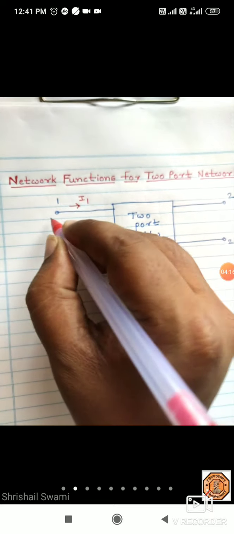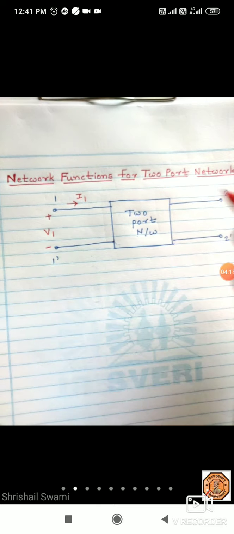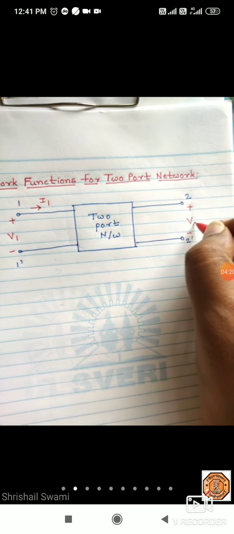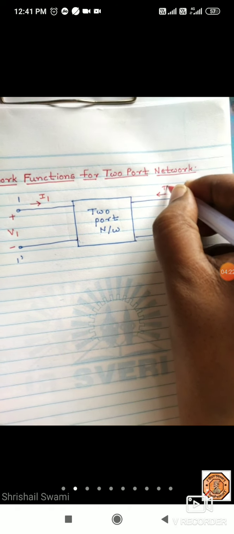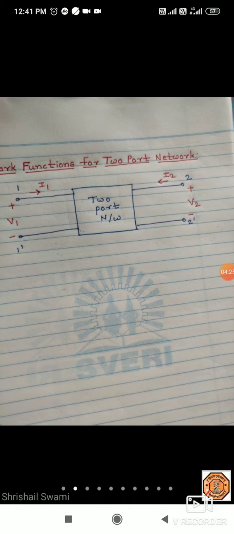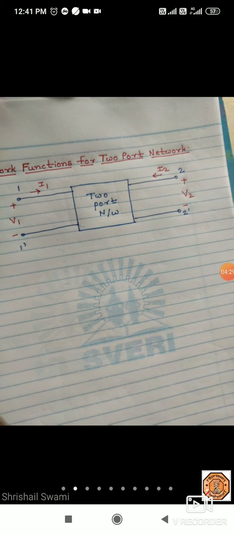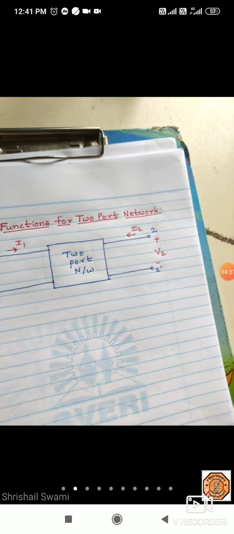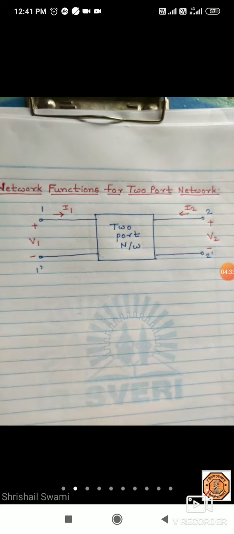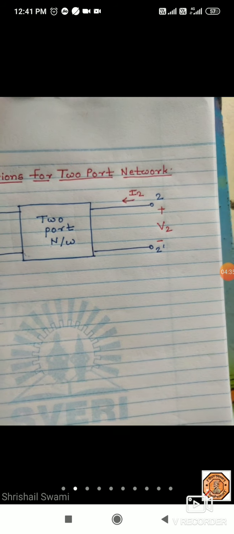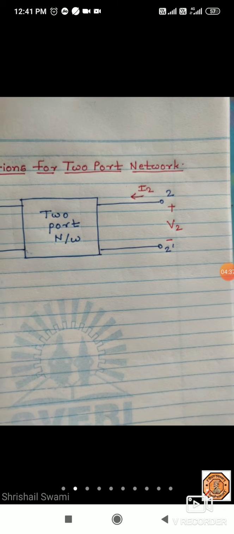This is I1, this is plus minus V1, this is plus minus V2, and this will be current I2. First of all, we will start with impedance, that is the driving point impedance at port 1 dash and driving point impedance at port 2 dash.